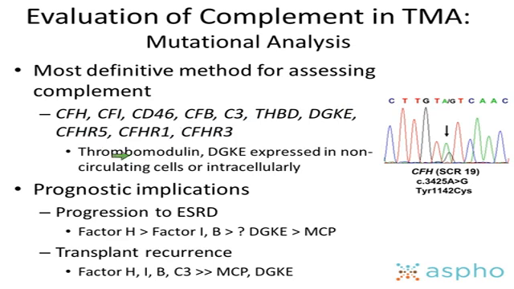It's important to point out that both thrombomodulin and diacylglycerol kinase epsilon are either expressed in non-circulating cells or are intracellularly expressed, and so genetic testing is really the only way to assess for defects in these genes.